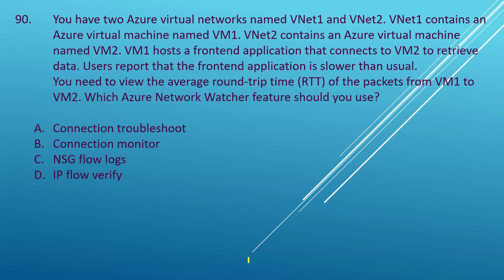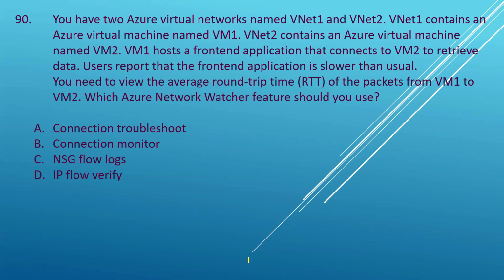Next question. You have 2 Azure virtual networks named VNet 1 and VNet 2. VNet 1 contains an Azure virtual machine named VM1. VNet 2 contains an Azure virtual machine named VM2. VM1 hosts a front-end application that connects to VM2 to receive data.